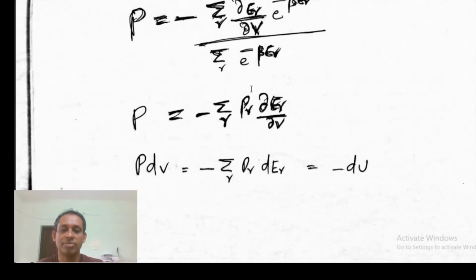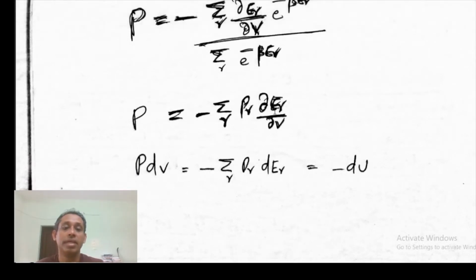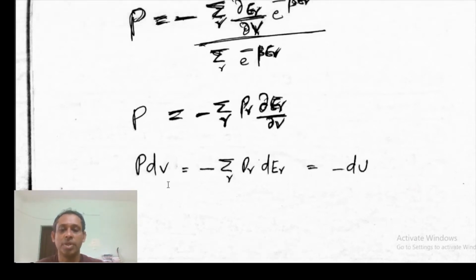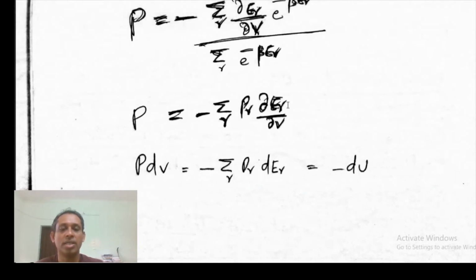From this I am writing the relation. I take the dV, since here we have the energy change with respect to volume, to the left hand side. So PdV is equal to minus sigma r Pr dEr.